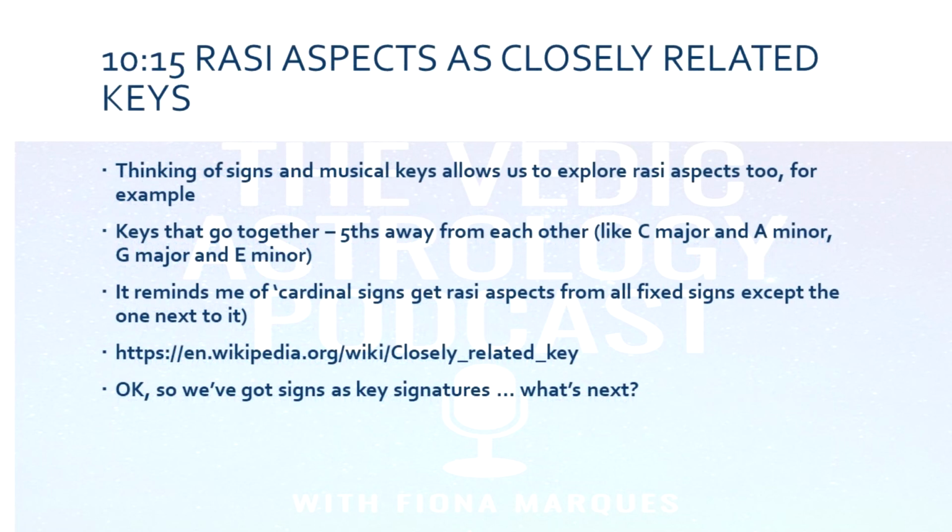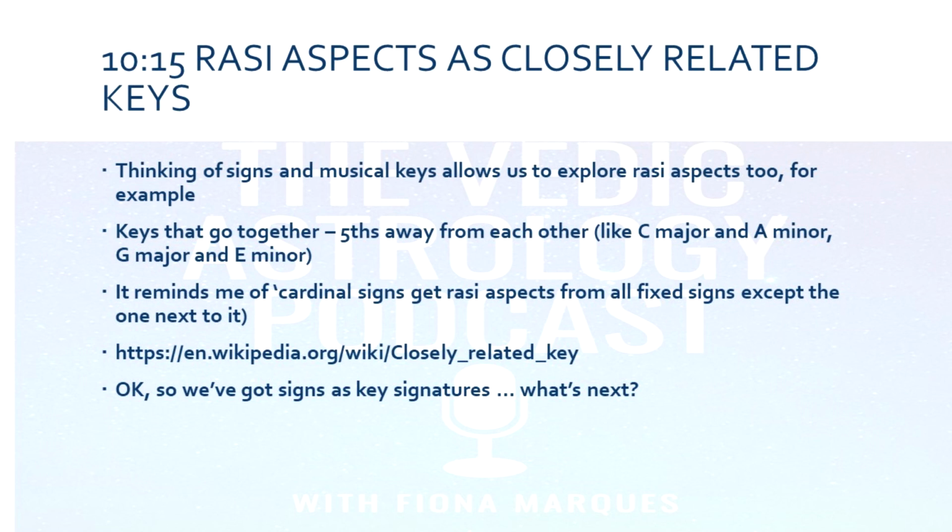Before we leave the keys of music as signs, we can also think about the Rasi aspects between the signs being a little bit about musical keys that go together. You know how for Rasi aspects we say that if it's a cardinal sign, it's aspected by all of the fixed signs except the one next to it. And this is also like keys are like that as well. They go very well in the fifths away from each other.